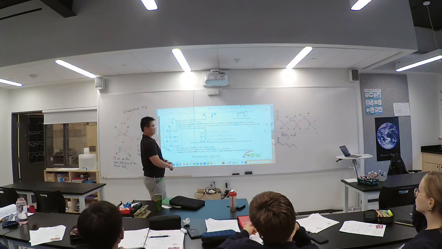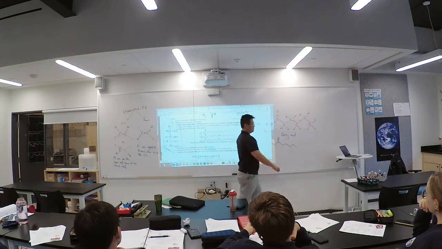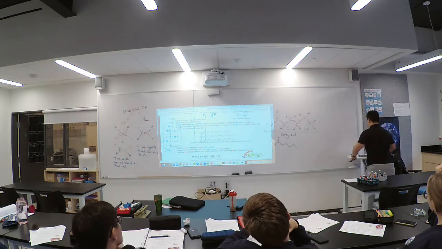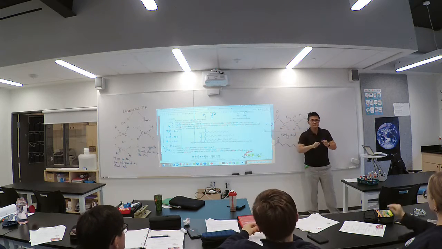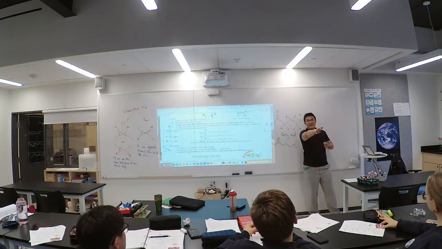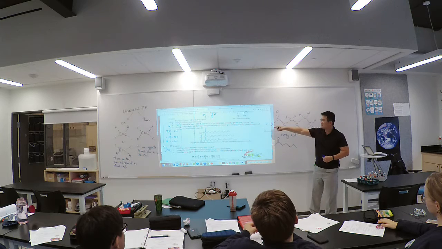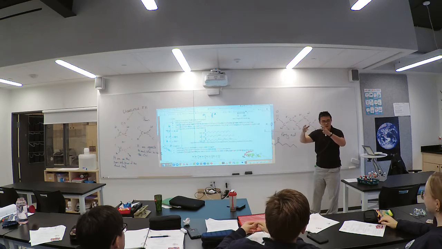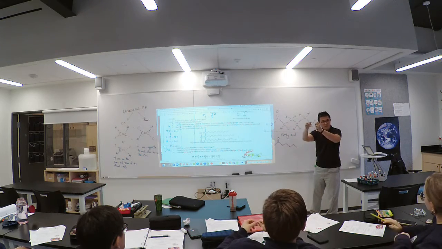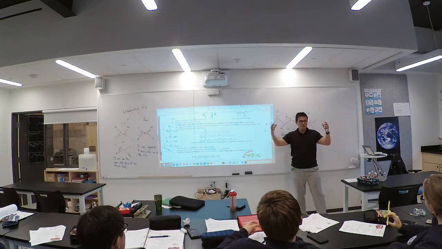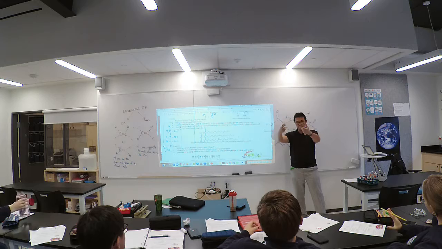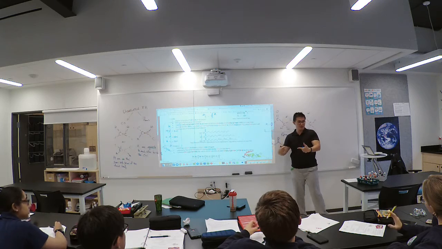When organic molecules join together, because we're talking about these very small molecules, yes? Water. Thank you. So when these small molecules come together and form a bigger molecule, water will come out.